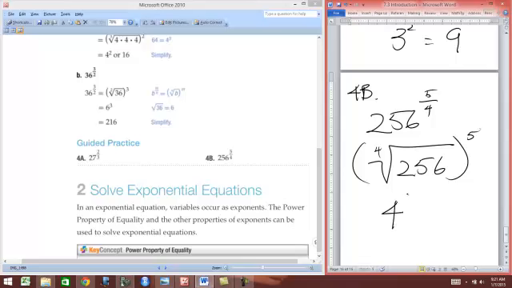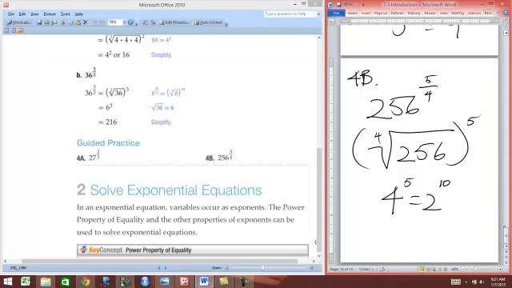Now, 4 to the 5th equals 2 to the 10th. Now, how did I do that? Well, we're going to work on this in the next section. But you could think of this as 2 squared, right? 2 squared equals 4, raised to the 5th power. And that's 2 to the 10th, which, of course, is 1024. Okay, because by now you've all memorized the first 10 powers of 2.